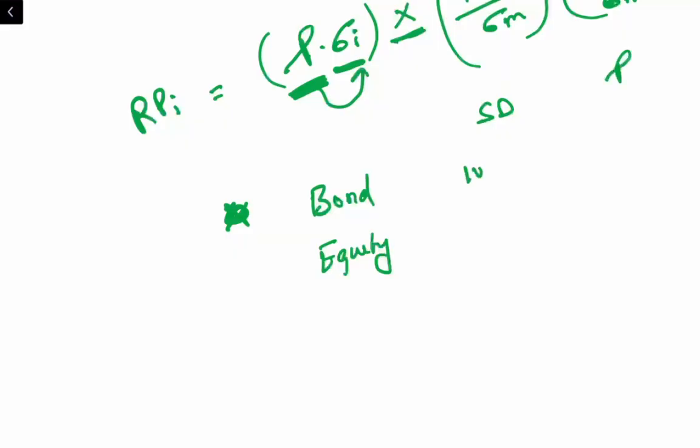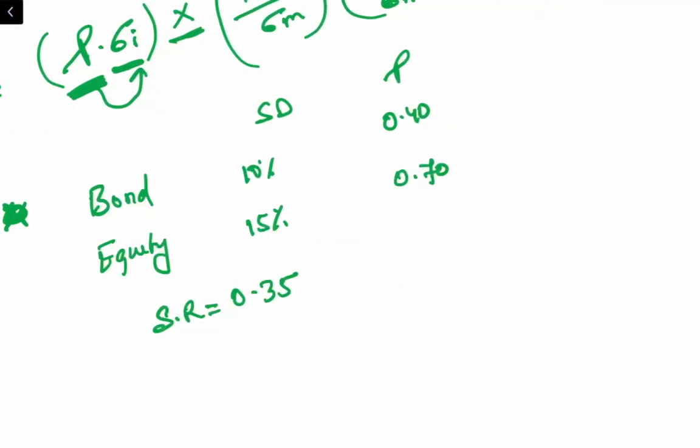It is 10%, this is 15%, 0.40 and 0.70. Clear? And the Sharpe ratio is also given to you as 0.35. Clear? This is the information available with you right now.